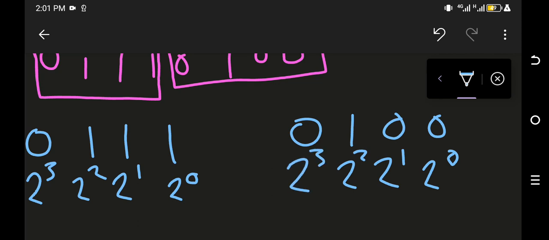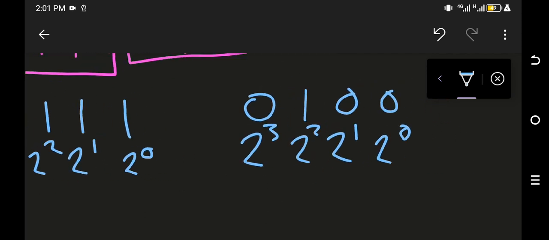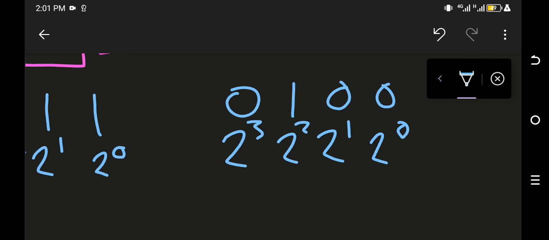On this side we do the same, going from right to left. Then we find the value of these two groups and add them.